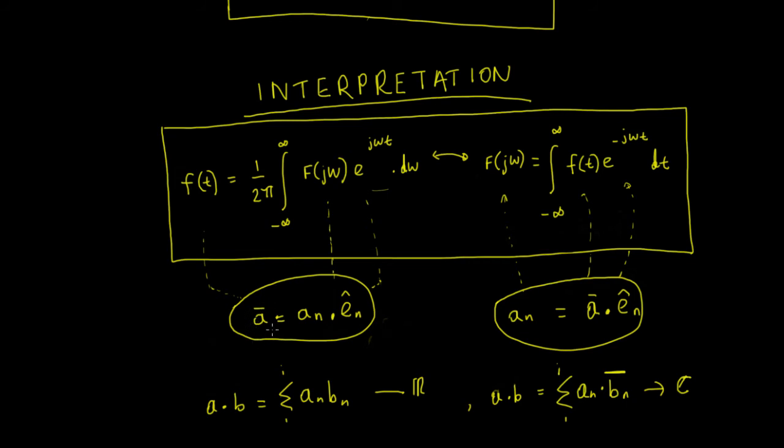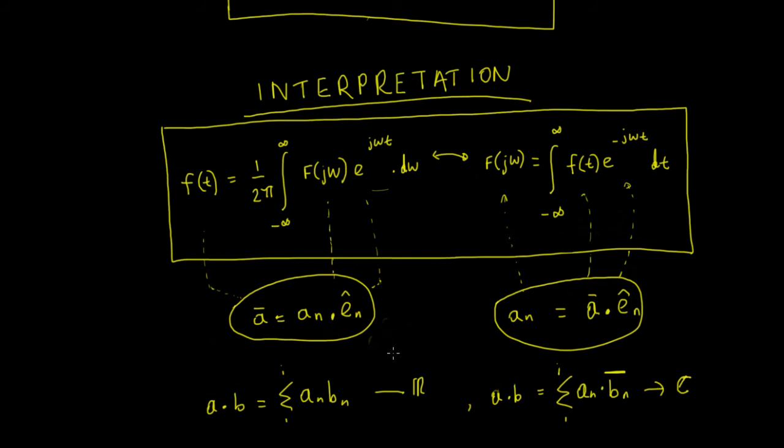Well, you generate a vector A by taking your values of an, which you have just found here, and multiplying them again by the orthonormal basis en, and you get back to your vector A. So this lot here in simple linear algebra is directly analogous to what we're doing here in the Fourier transforms.